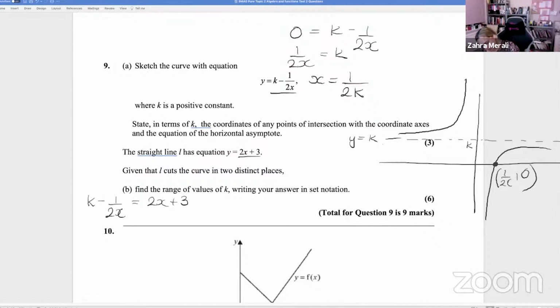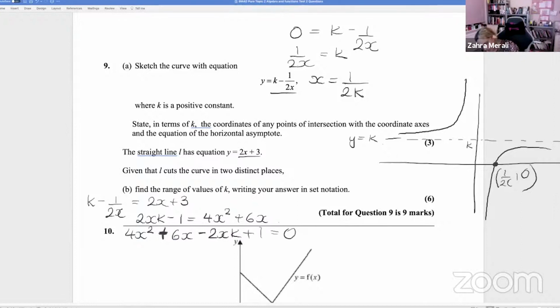Multiply everything by 2x, which gives me 2xk minus 1 equals 4x squared plus 6x. I'm going to put everything on one side: 4x squared plus 6x minus 2xk plus 1 equals 0.